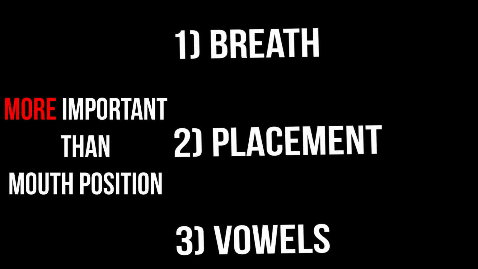Look, if you keep breath flowing from the beginning to the end with a tenser diaphragm and the more open throat to let more air through, you keep your placement low and you emphasize vowel sounds and weaken your consonant sounds, your mouth position ends up becoming so much less important.